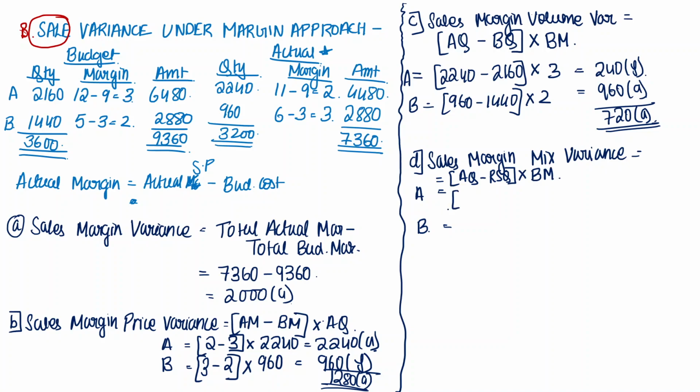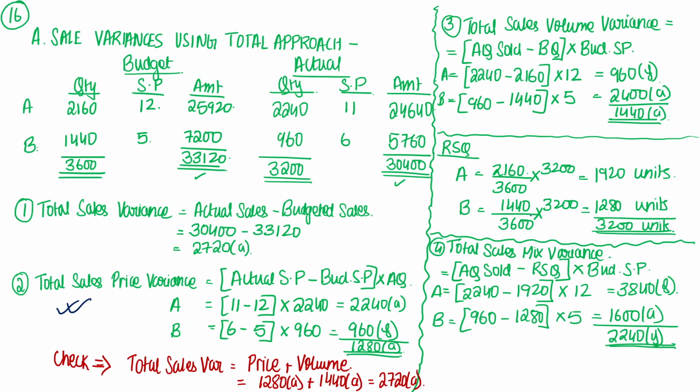So here we have 2240 minus revised standard quantity 1920 into budgeted margin of 3 rupees, and 960 minus, no, not 1440, what is it, 1280, into 2.